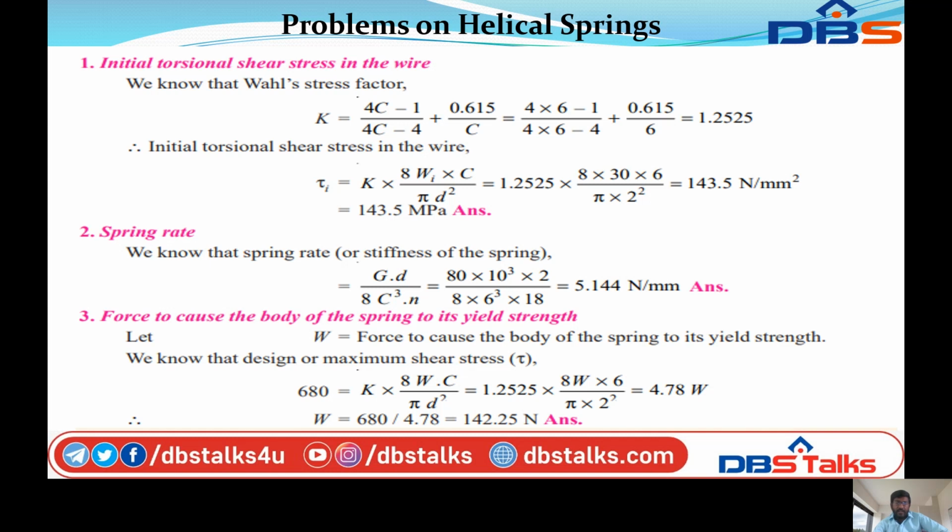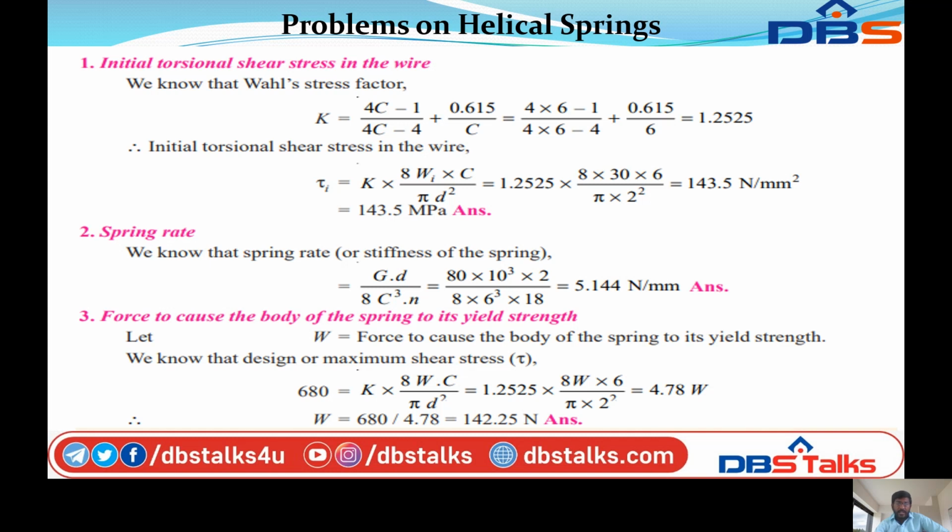So you can calculate the value tau is equal to 143.5 Newton per mm square. So tau I is equal to 143.5 megapascal. This will be converted from Newton per mm square to megapascal. Tau I is equal to 143.5 megapascal.